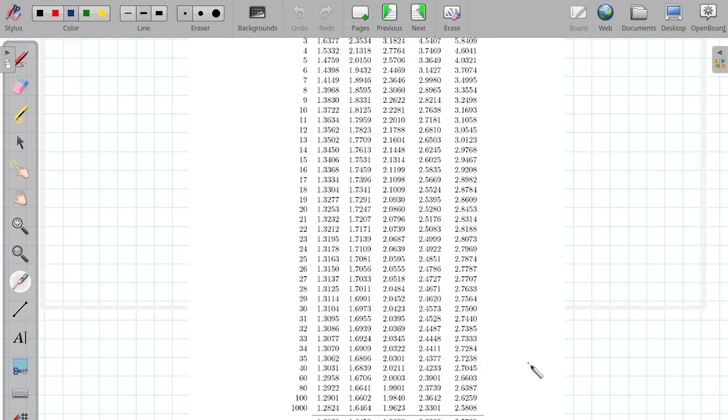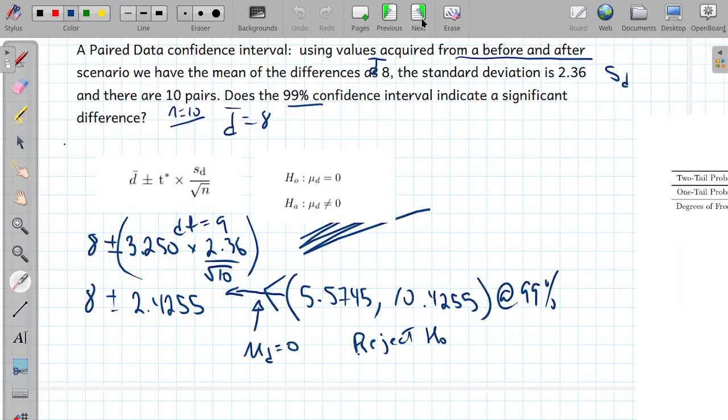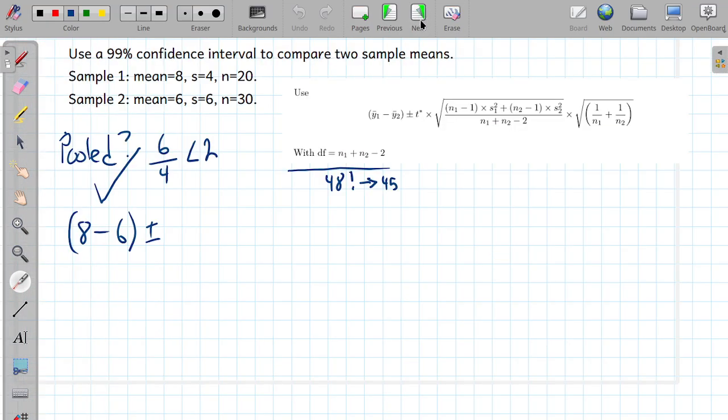Yeah, I got that off my calculator. Okay, that's fine. But we're going to use 45 degrees of freedom. If your table doesn't have a 45, then you'll pick one of these, probably the 40. That's just what you have to do when you're dealing with this stuff.